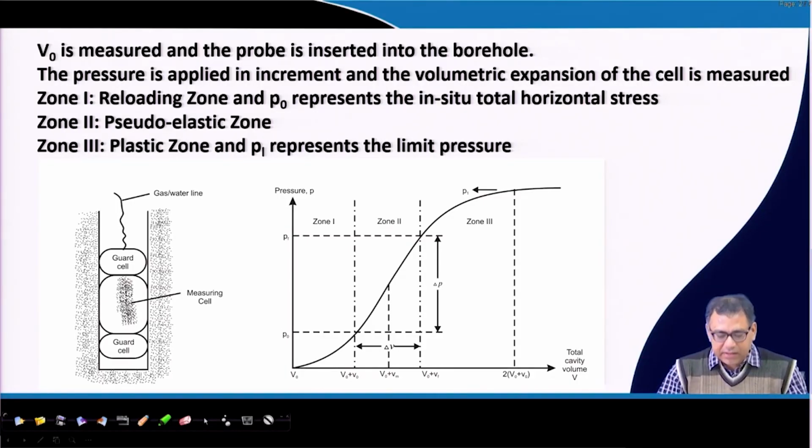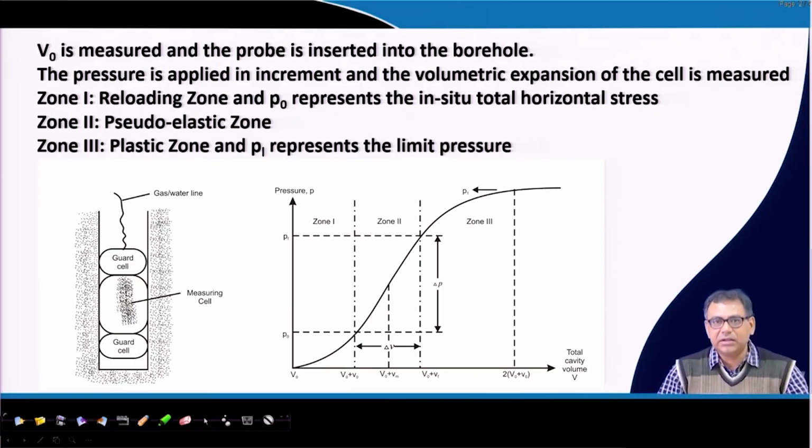So, that means in the plot I will identify the point corresponding to 2 times capital V0 plus small v0, and then I will extend this graph.